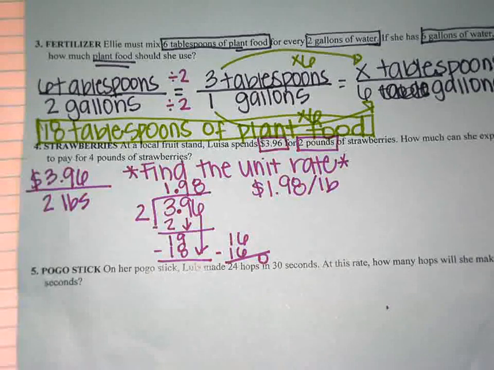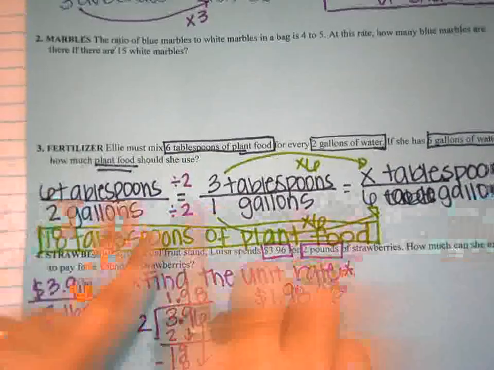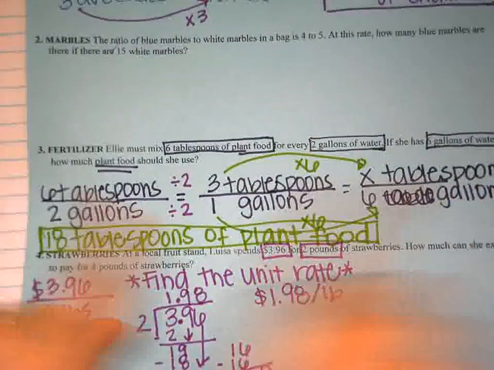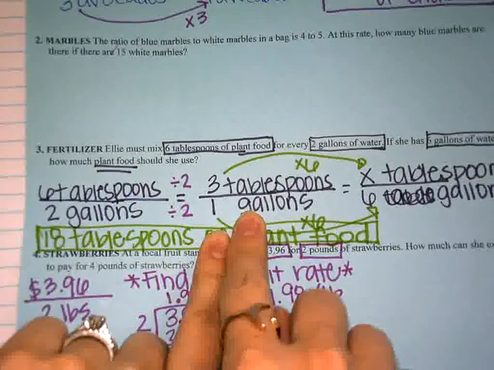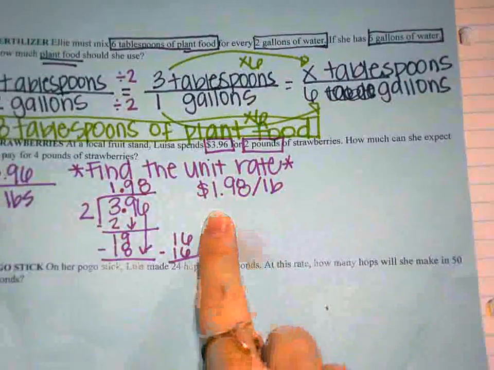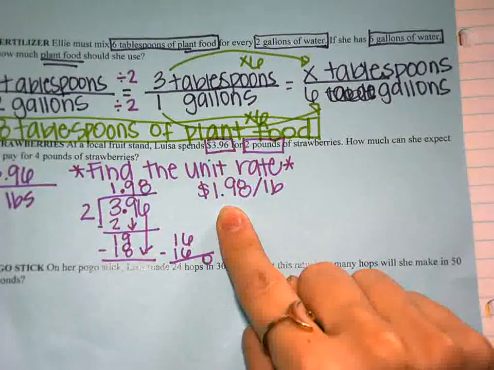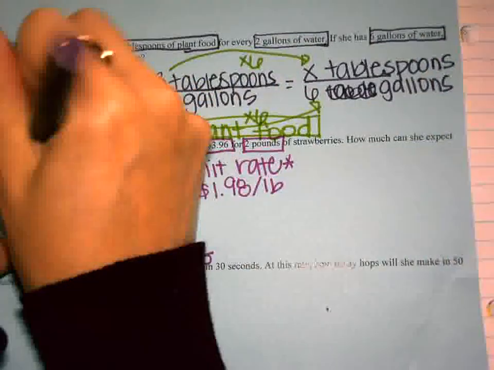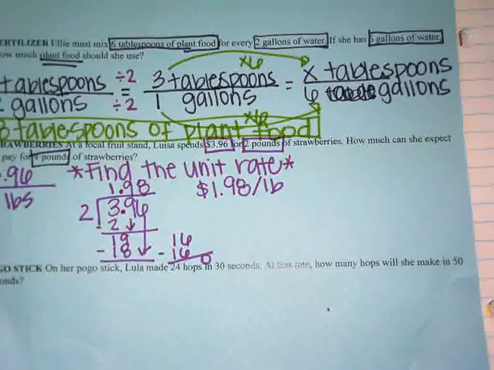Now essentially, guys, this problem up here, this was us doing unit rate. It was just a different way of doing it, but we still did unit rate on this question. We did not do unit rate on the first one. So now that I know my unit rate, how much can she expect to pay for 4 pounds of strawberries?